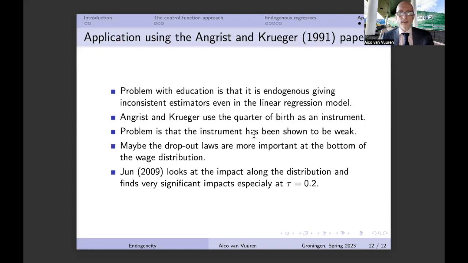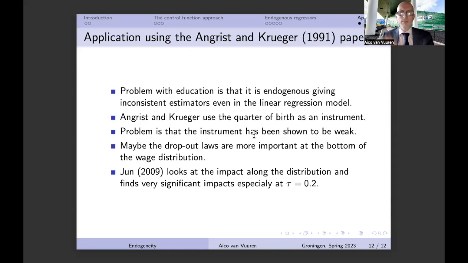And that implies that you might have a so-called weak instrument. There have been many publications that say that this relationship results in a weak instrument. And the problem with weak instruments is that standard econometric inference is not allowed anymore. Then you have to do something else.